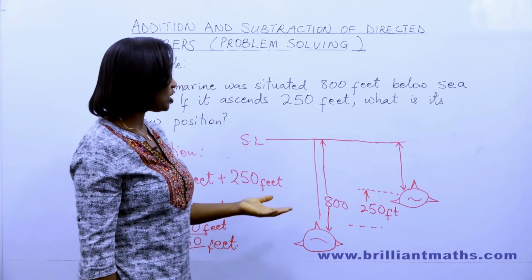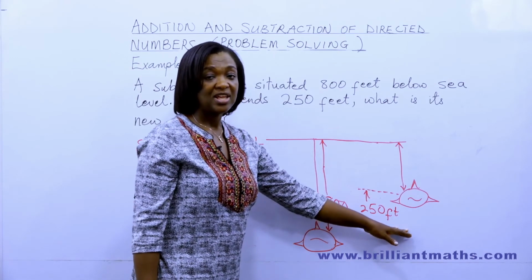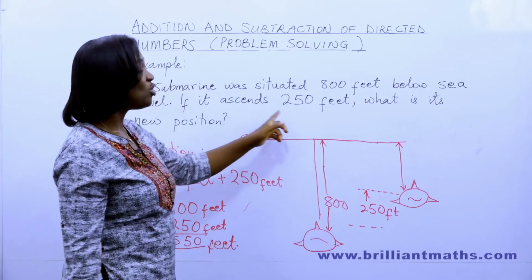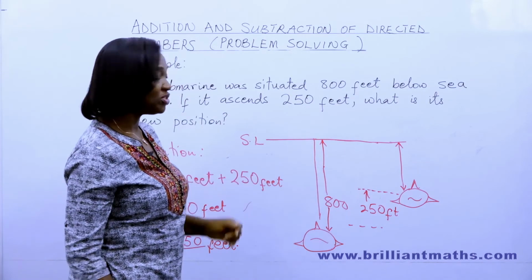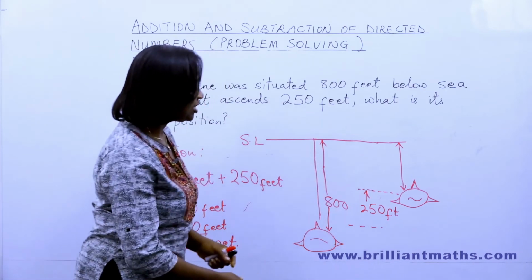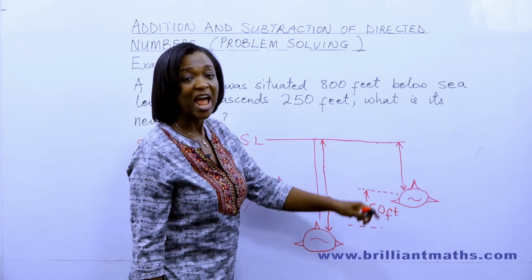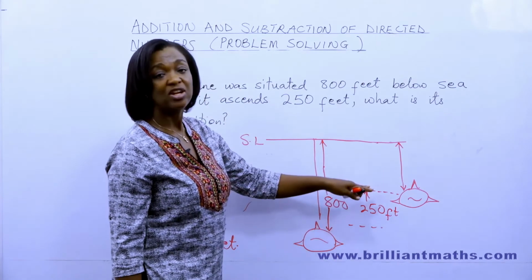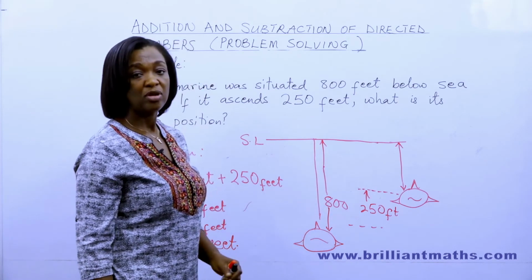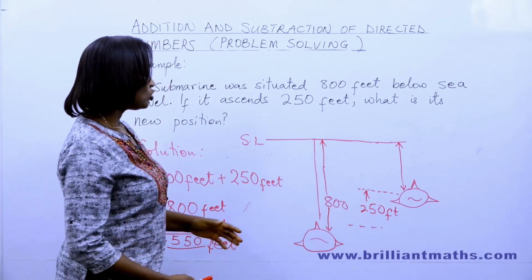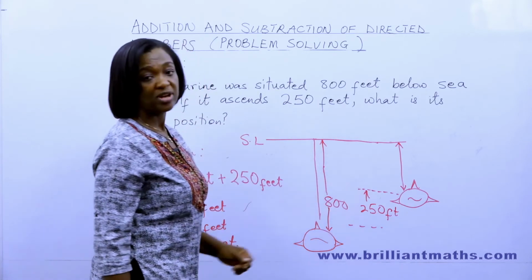And it pushes up 250 feet. That means it ascends 250 feet. We want to find the new position. That new position is below sea level now that it has ascended 250 feet. So to be able to solve this problem, you're supposed to subtract 250 from 800.